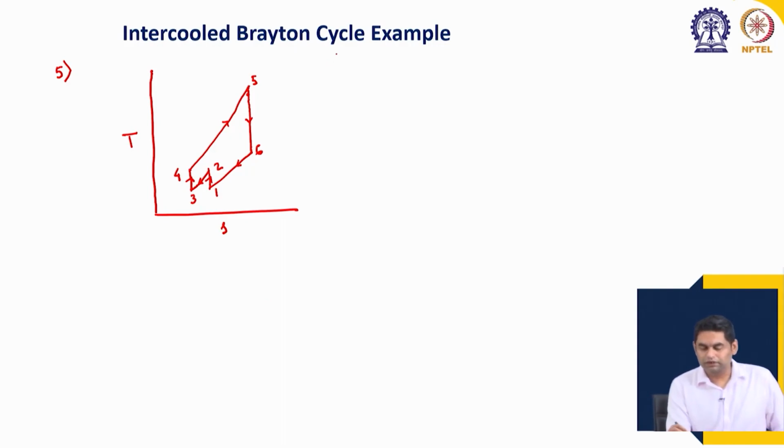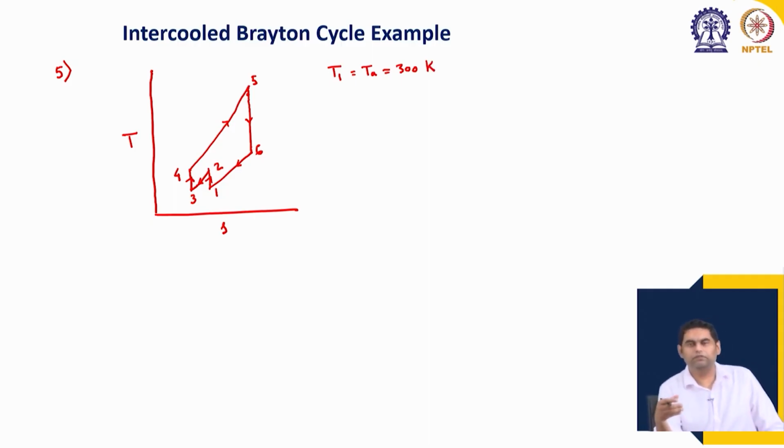The conditions given to us: the ambient air temperature is 300 Kelvin. Like for all the other cases, we are taking the same values for each case. Why? Because although we will learn the procedure of solution, we will also be able to compare the results directly with all the previous types of cycles because of the same values, and that is very important for us.